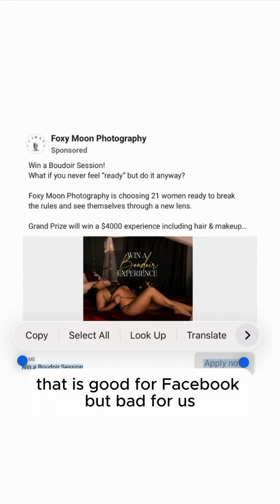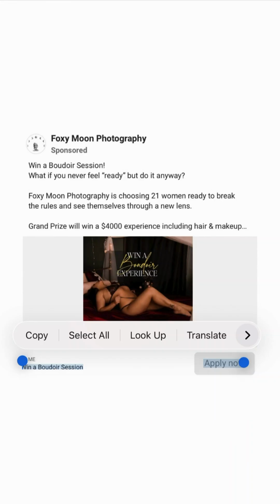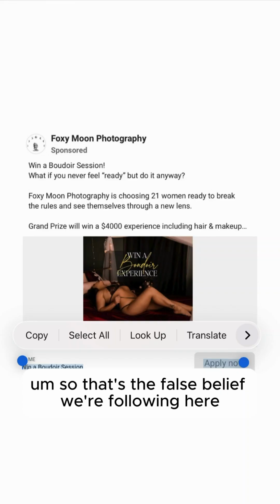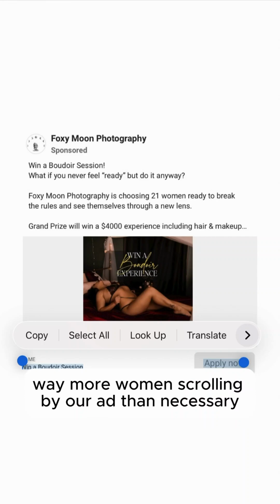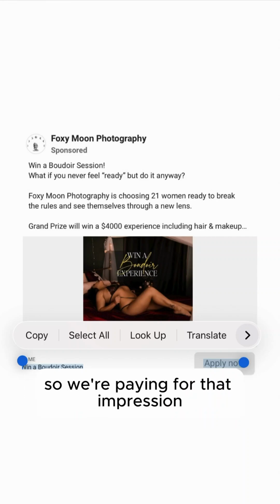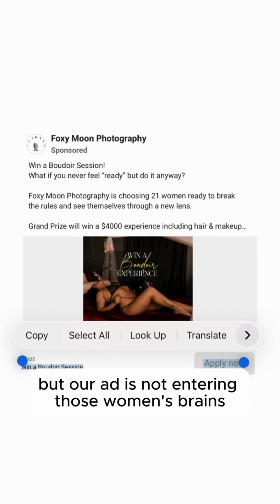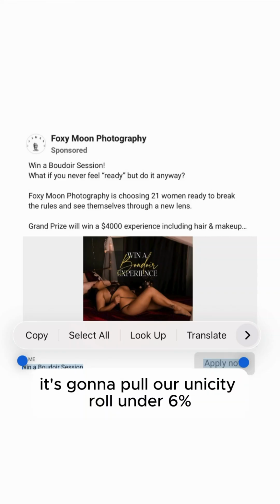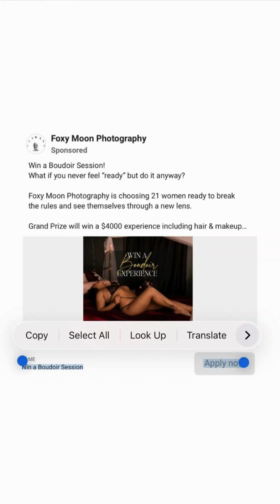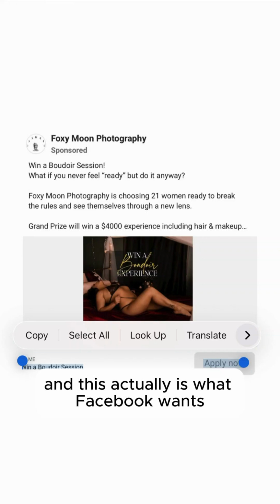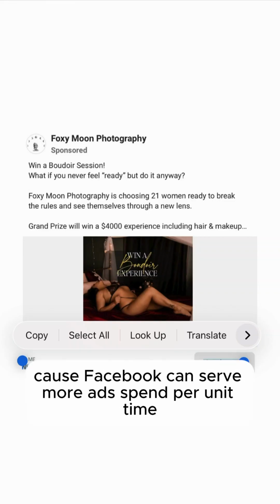That is good for Facebook, but bad for us. So it's the false belief we're following here. And the consequence of this is way more women scrolling by our ad than necessary. So we're paying for that impression, but our ad is not entering those women's brains. It's going to pull our unique CTRL under 6%, higher chance of causing BLCS. And this actually is what Facebook wants because Facebook can serve more ad spend per unit time.